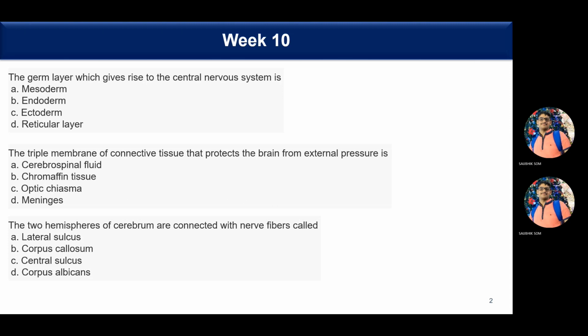The correct answer is the meninges. Meninges is the external connective layer which protects the brain from external pressure, and inflammation in this meninges causes meningitis, right?